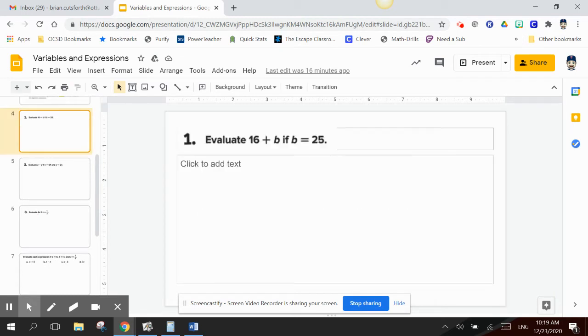So in the expression 16 + b, if b equals 25. So I write my expression 16 + b, and up here it says that b equals 25. So I'm going to take out the letter and put in the value. So I have 16 + b.